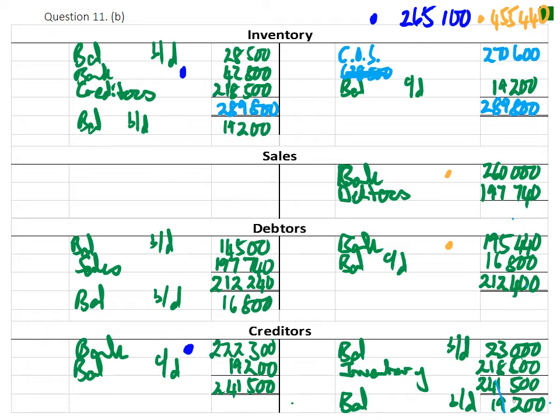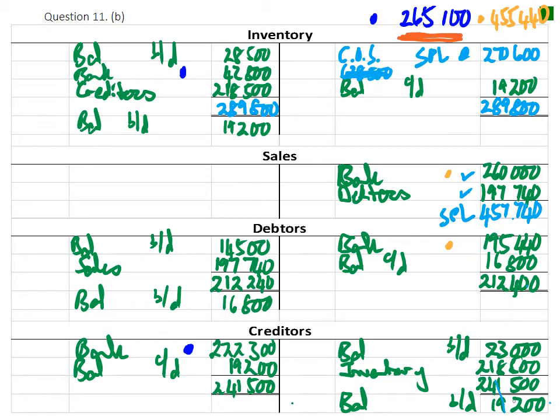So we've now finished all of the accounts. The only other one I want to total is the sales amount, because that's the actual sales for the year, cash and credit sales. And this is the actual cost of sales for the year that we've calculated over here. Those amounts are going to go onto the SPL, but the amounts that are going to go onto the statement of cash flows are these two amounts here.